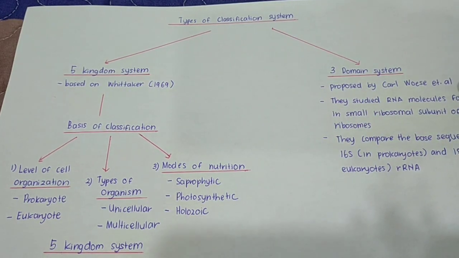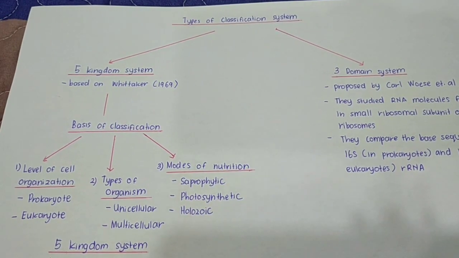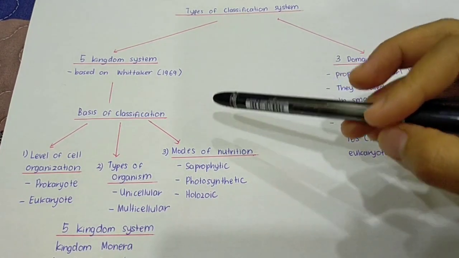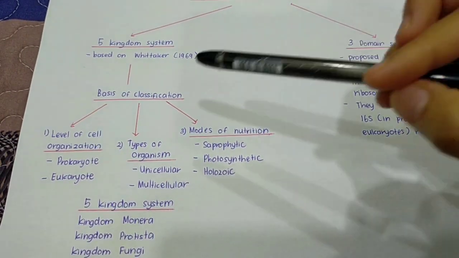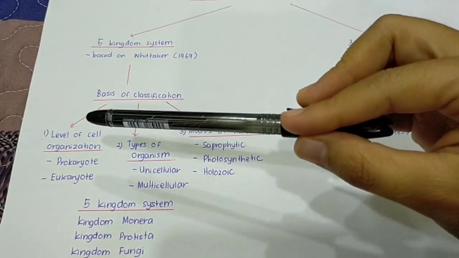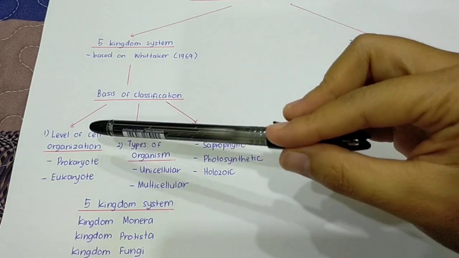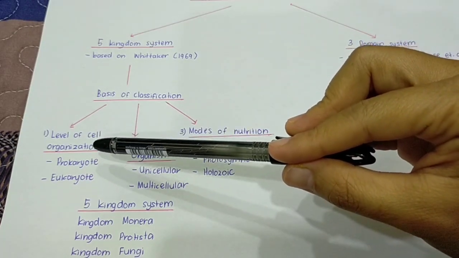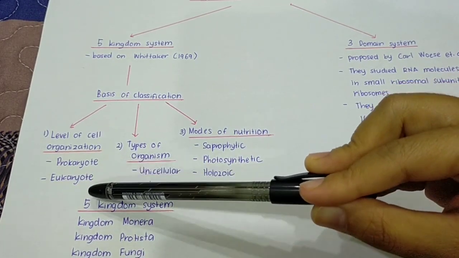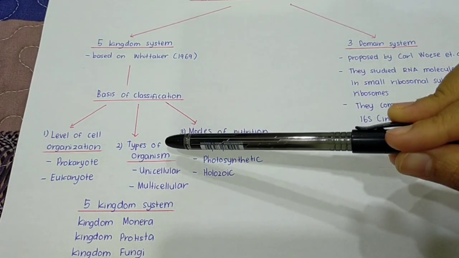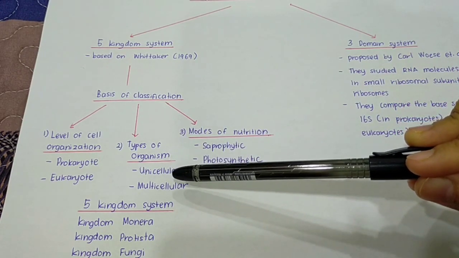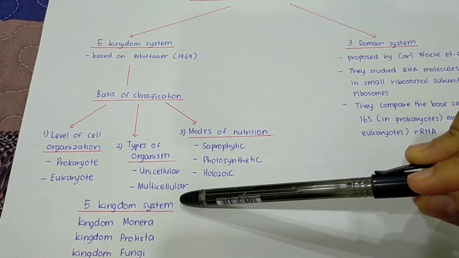So how we classify the organism based on the 5 kingdom system? Okay, according to Whittaker, the basis of classification is, the first one, level of cell organization. So we classify the organism based on its level of cell organization, either the organism is prokaryote or eukaryote. And then second is based on types of organism, which is either the organism is unicellular or multicellular.